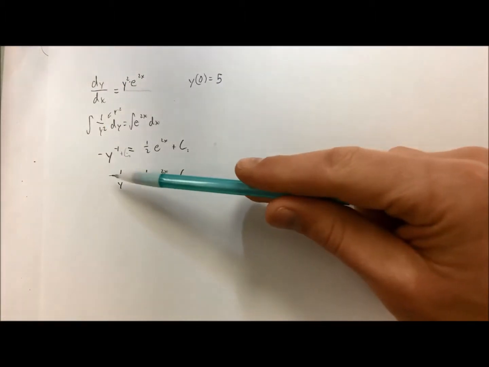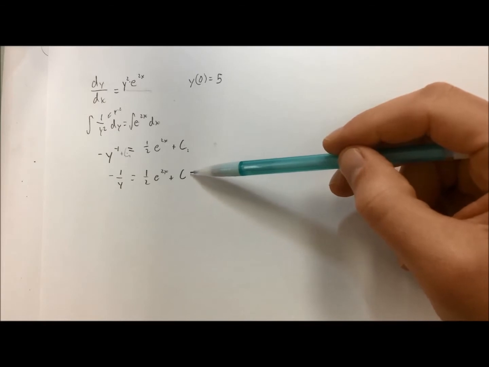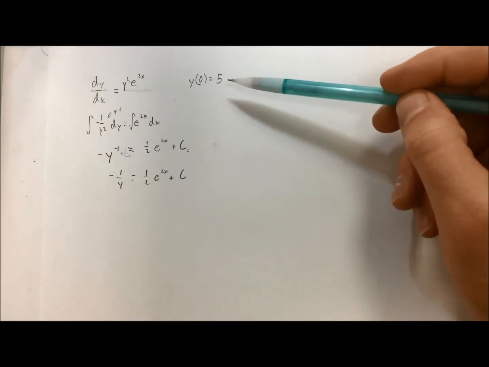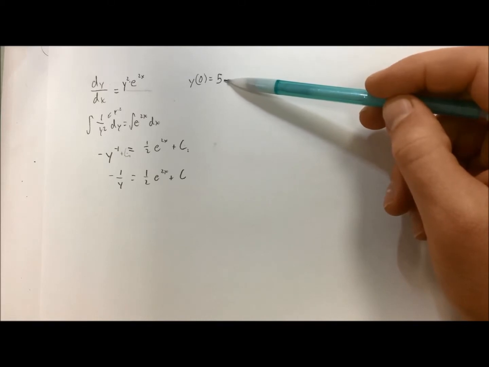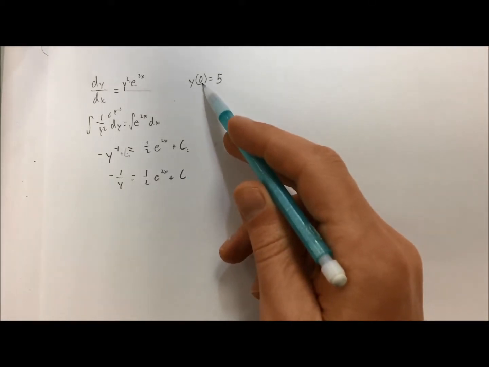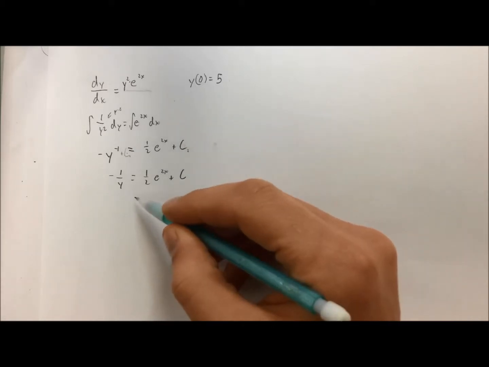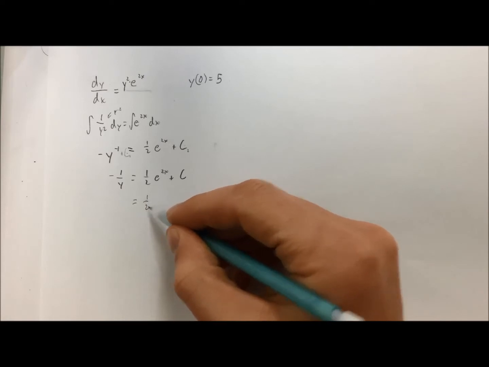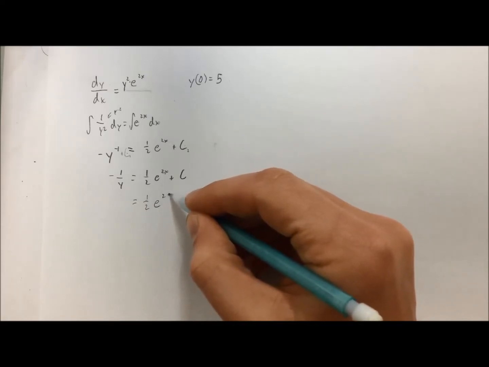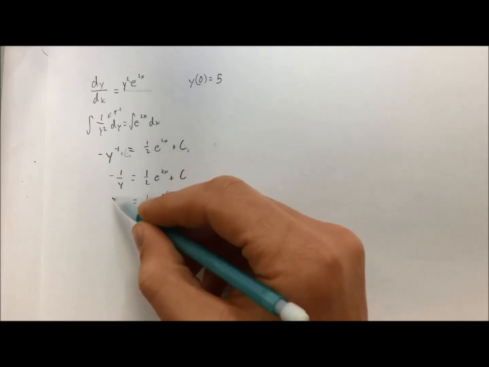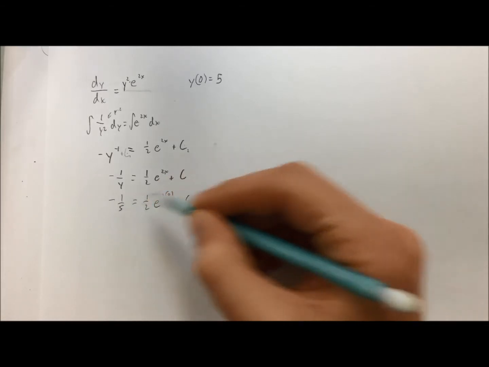Now that we have our general equation, we need to plug in our point to find the particular solution. So when y is 0, it means x is 0 there. For y of 0 equals 5, 1/2 of e to the 2 times 0 plus c is equal to negative 1 over 5.